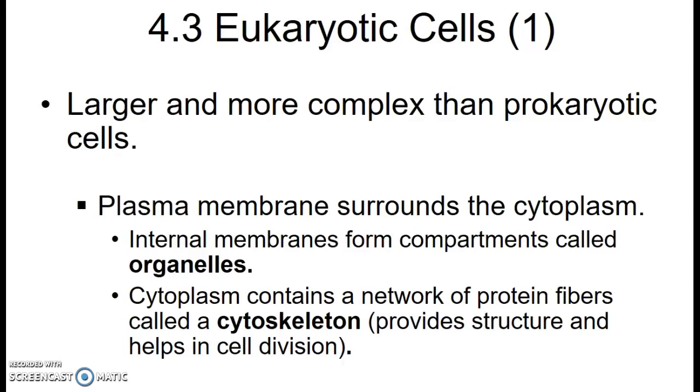And each of the organelles has a specific function in the cell. And then within, this is a difference between eukaryotes and prokaryotes also, the cytoplasm has a network of protein fibers, which we call a cytoskeleton. And the cytoskeleton helps to provide some structure for the cell, and it also helps in moving things and in cell division.